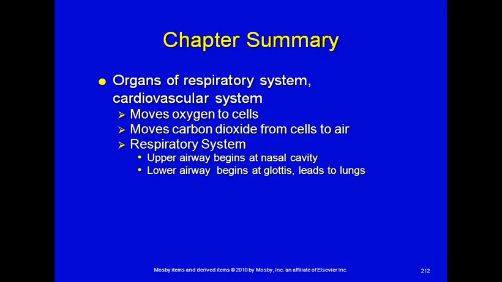We looked also at how the cardiovascular system helps move carbon dioxide from the cells and get it back out into the air, or the exchange of gas. Essentially, we looked at how gas exchange occurs through the process known as diffusion in the lungs, where gases flow from an area of higher concentration to an area of lower concentration.